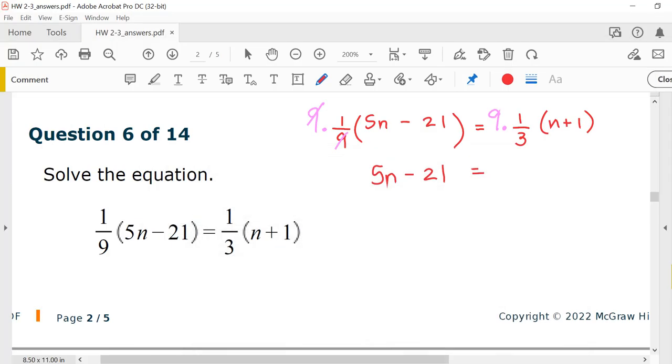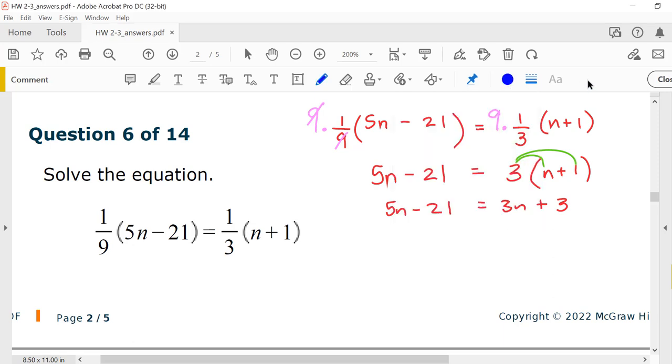So I have 3 times n plus 1. Now I don't have any fractions. I still need to distribute on the right. So 5n minus 21 is equal to 3n plus 3 times 1 is 3.